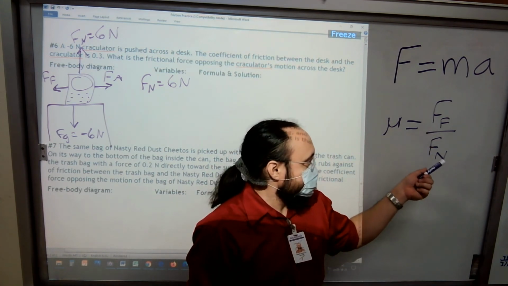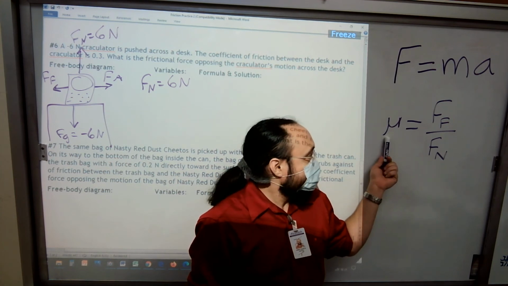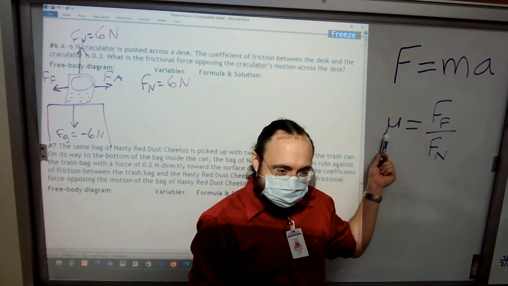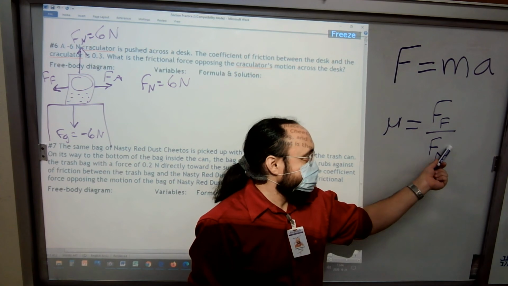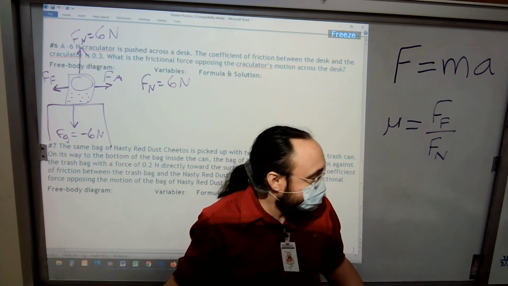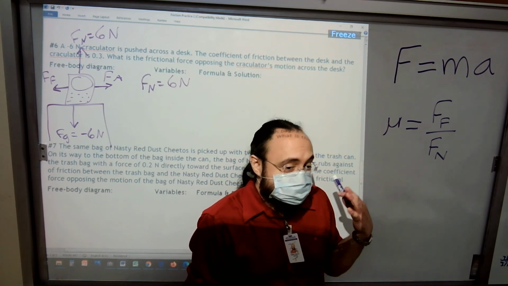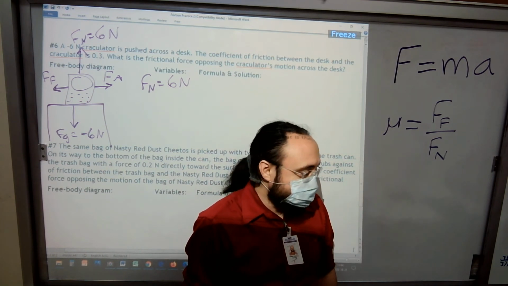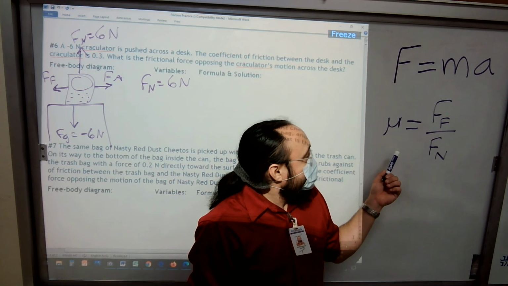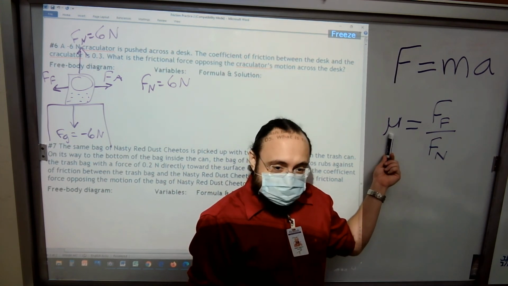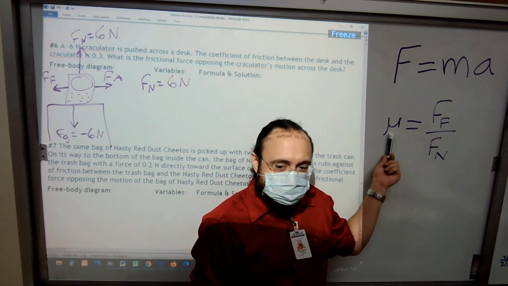Because this is newtons and this is newtons, coefficient of friction here doesn't have a unit, because newtons divided by newtons makes nothing. Newtons cancel, so it's just a ratio. So 0.3, just 0.3, that'll be fine. This little symbol here is called a mu, like the Pokemon.